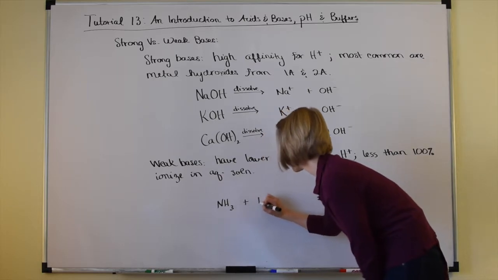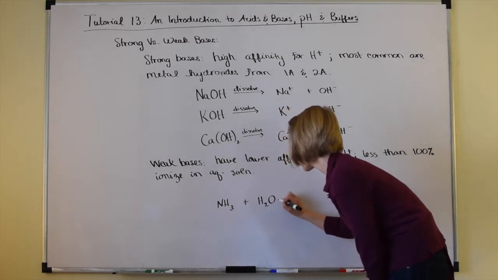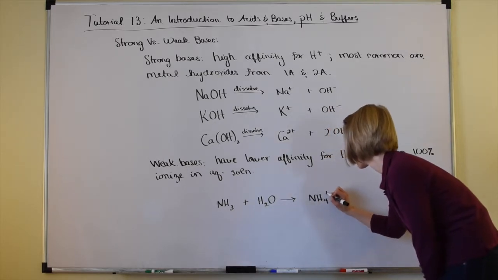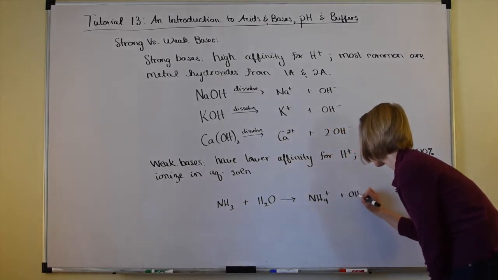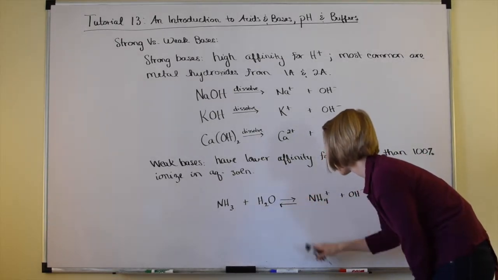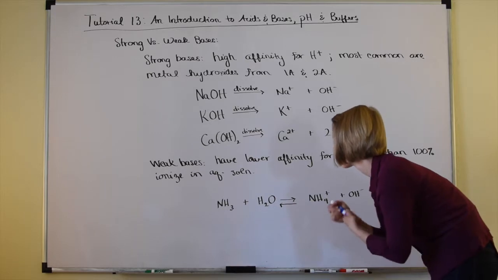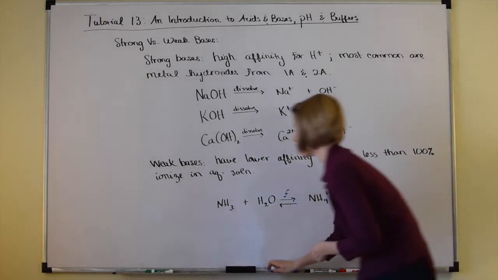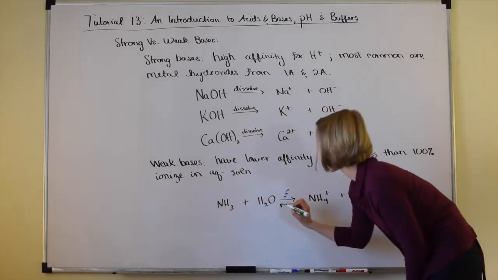All right, so ammonia we already saw will ionize with water to produce ammonium cations and hydroxide anions, but we want to put an arrow back here because there's not just a forward reaction, there's also going to be the reverse reaction.